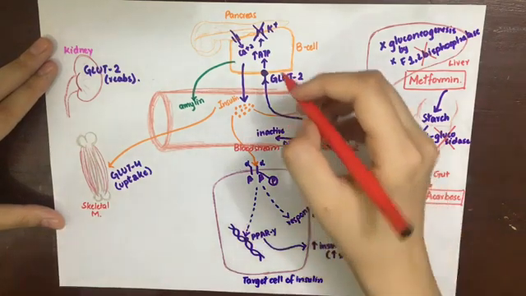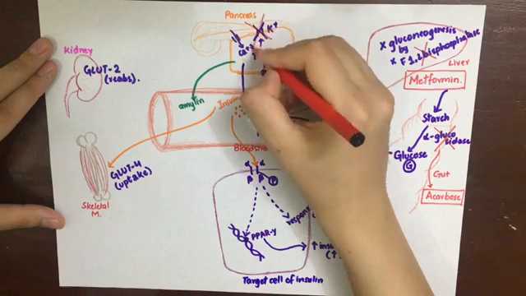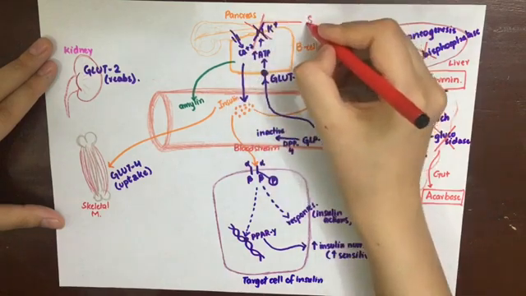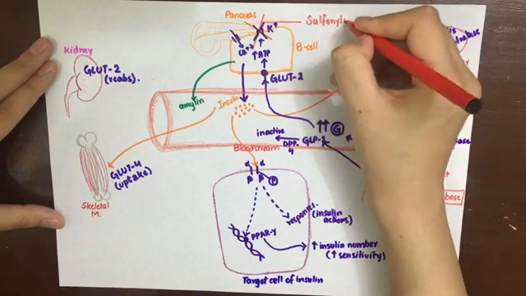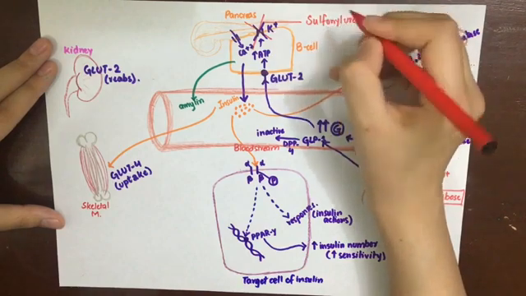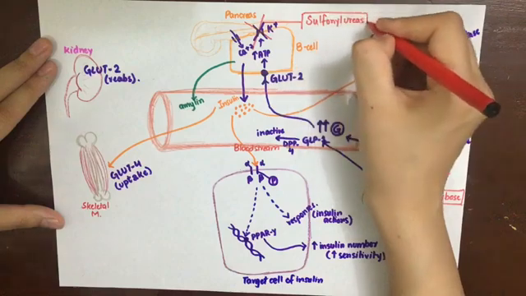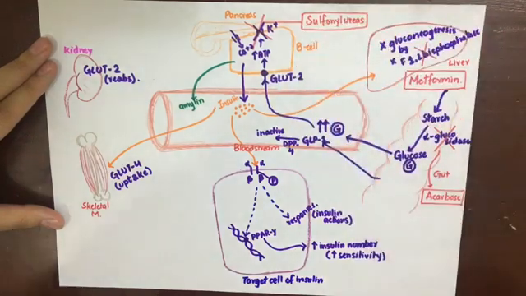The next class of drugs that we can use are sulfonylureas, which will inhibit the potassium channel in the beta cells and thus cause the cell to depolarize and release insulin just as it occurs naturally.